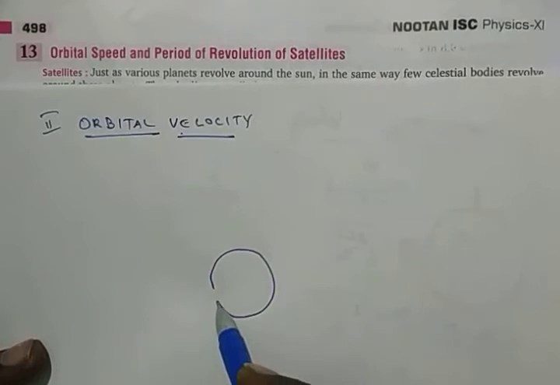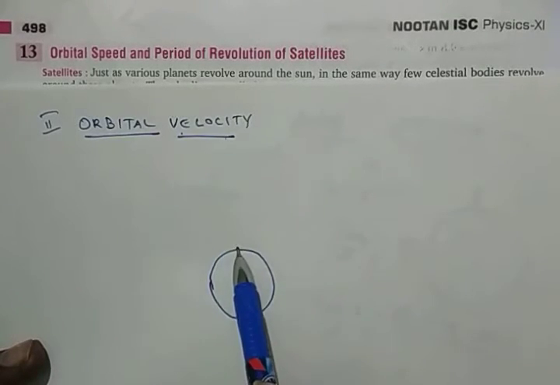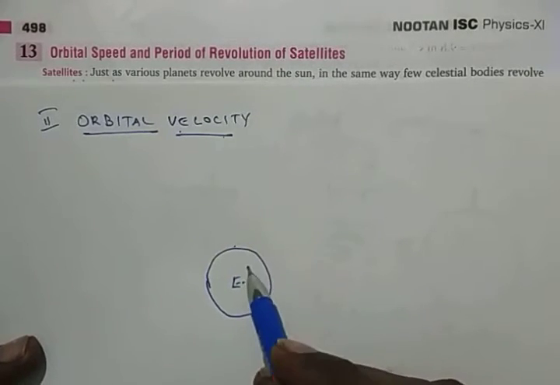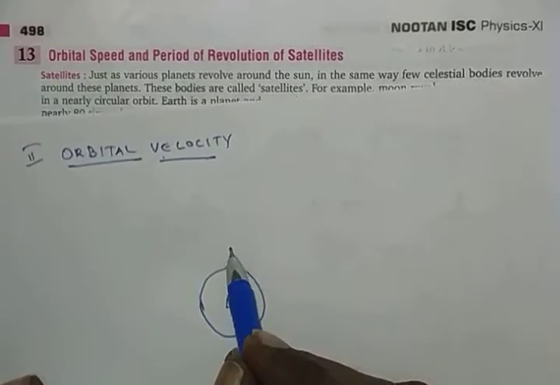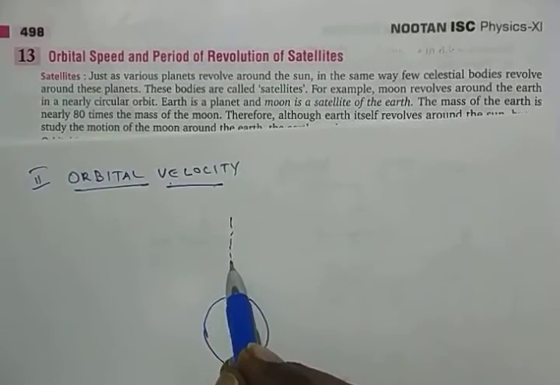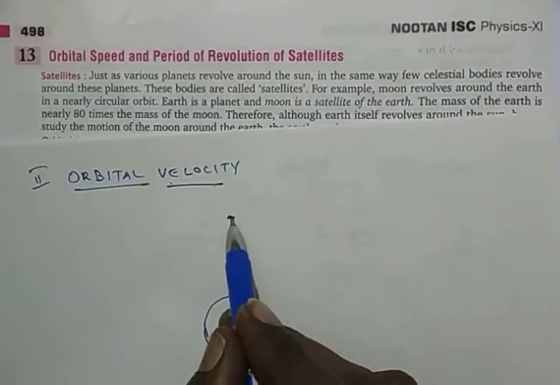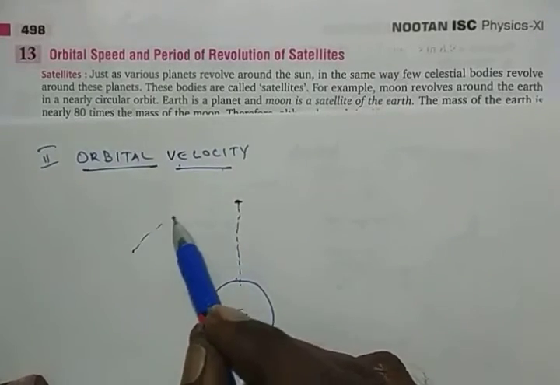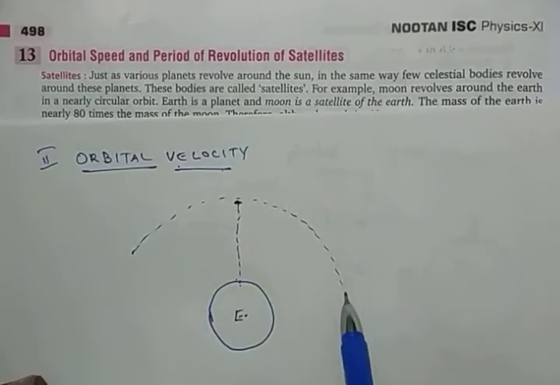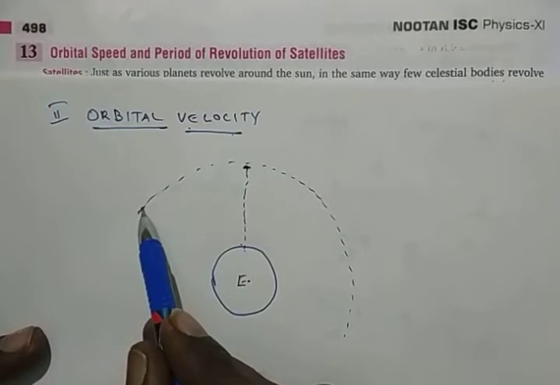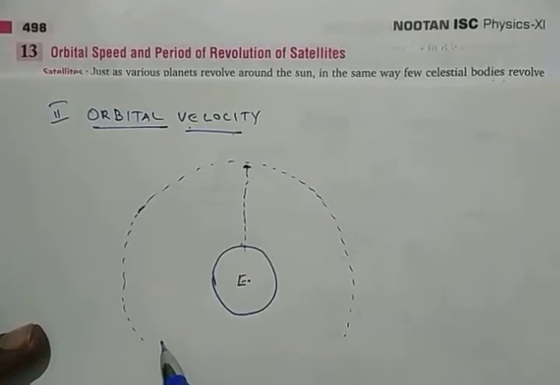You can draw this diagram now. Leave some space, and then draw this diagram. This is Earth. So in this one, we take a height above the surface of Earth, and this entire thing we need to make as the orbit.